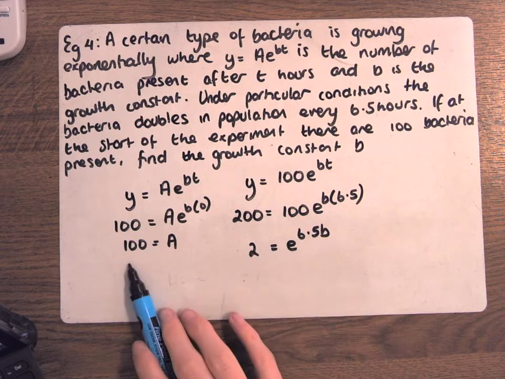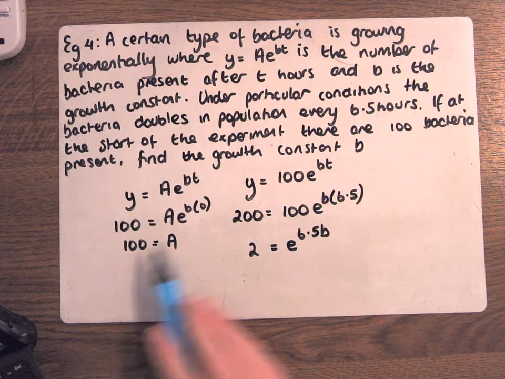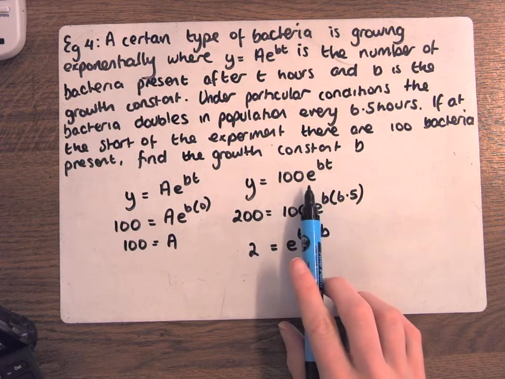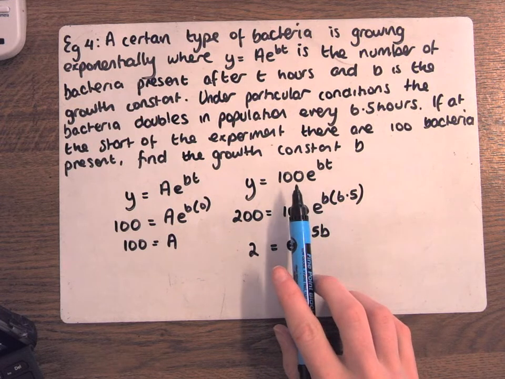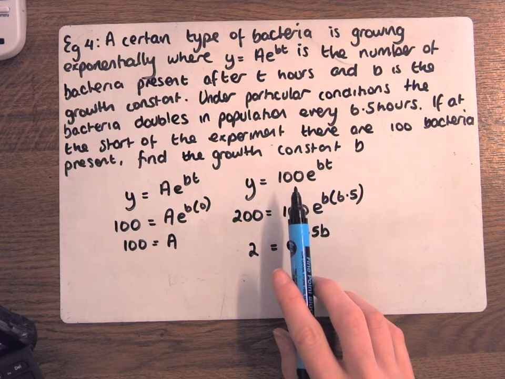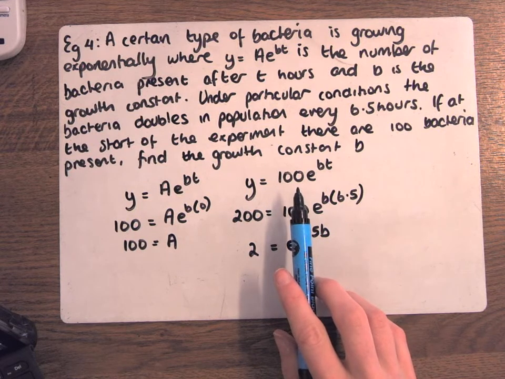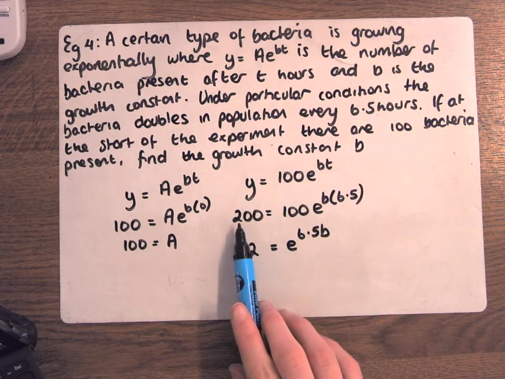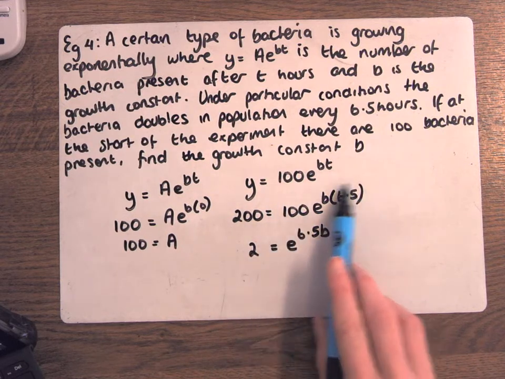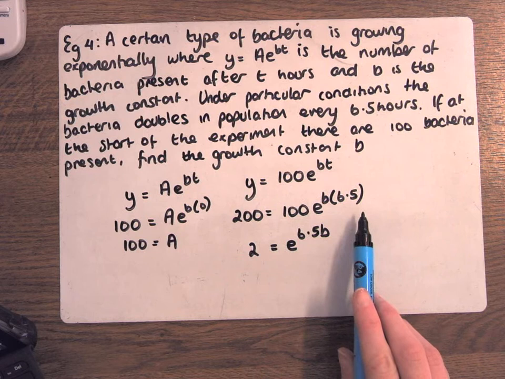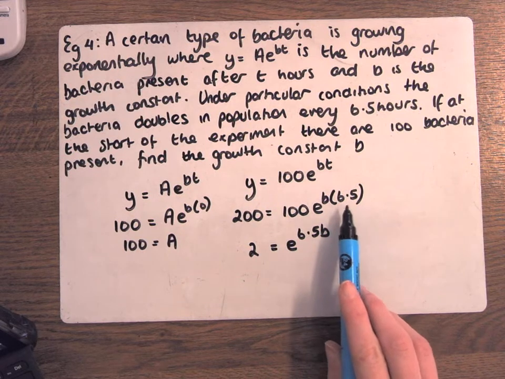Well, I know that A now is 100. So that's my initial value. There's my function now. After 6.5 hours, the amount of bacteria has doubled. If it was 100, what is it now? 200. So 200 is, and this is just my equation, but instead of time, it's after 6.5 hours.